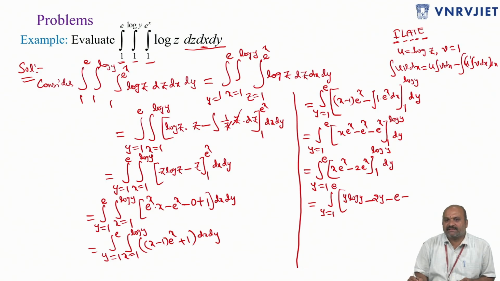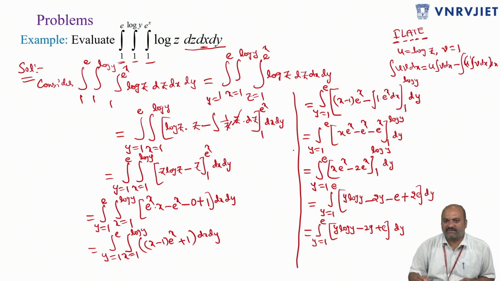Substitution of lower limit, minus of this minus becomes plus, it is 2e into dy. So therefore it is equal to integral y varies from 1 to e, y log y minus 2y plus e into dy.